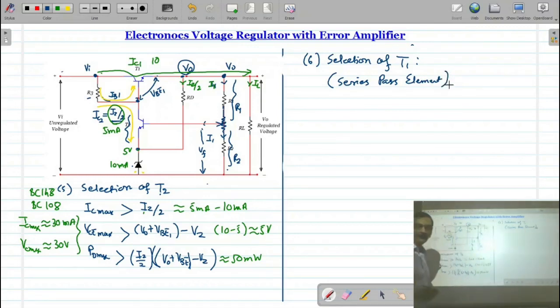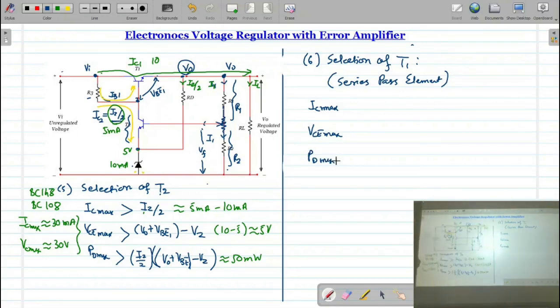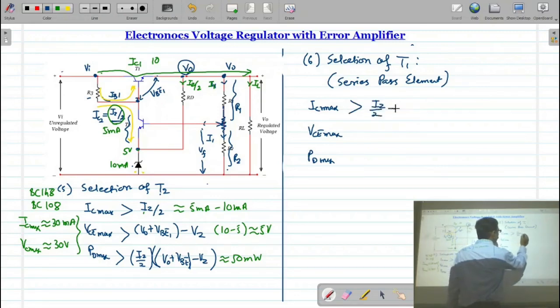Again, I already mentioned that for the selection of the transistor, we first have to see what is the maximum collector current, then what is the VCE maximum, and then what is the power dissipation. Correct? So here you can see that my collector current consists of Iz by 2, I1 and IL. So the collector current of the transistor must be greater than Iz by 2 plus I1 plus IL.